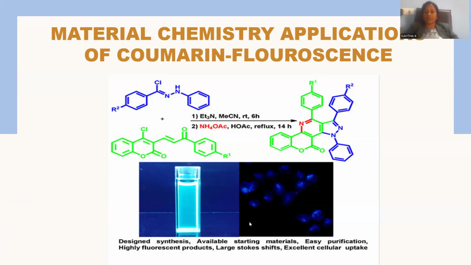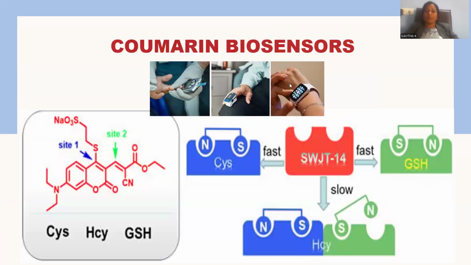Coumarin biosensors are also available. Biosensors are meant in order to check your heartbeat, your pulse rate, your blood pressure conditions, your nutrition levels, the conditions inside living organisms. Those are said to be biosensors.